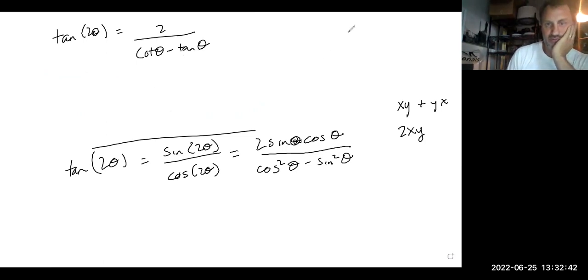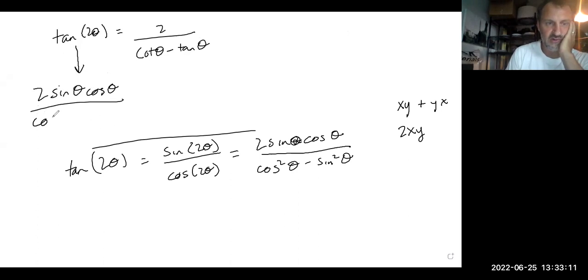And in a proof, we're going to work down. This is really what we're going to hit hard in this next section. We want to go from here down to here. So we're not doing things to both sides. We're not treating it like an equation. And I've already demonstrated that we can get from tan 2 theta to 2 sine theta cosine theta over cosine squared theta minus sine squared theta. So this is where we are.